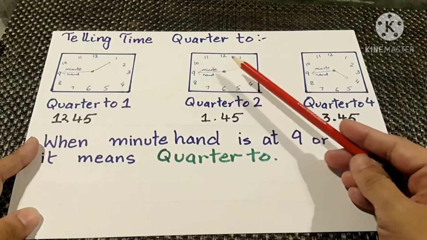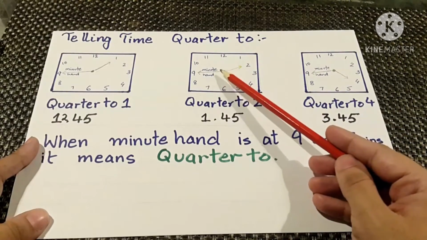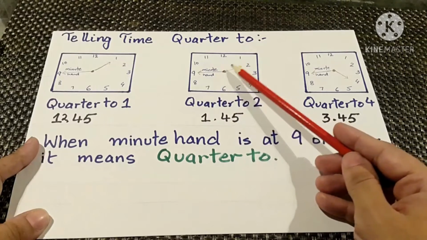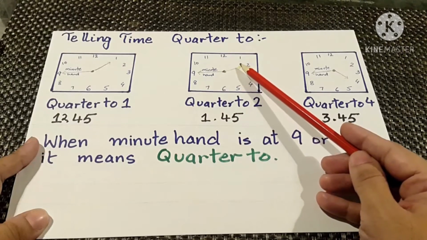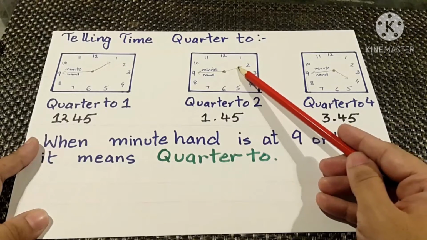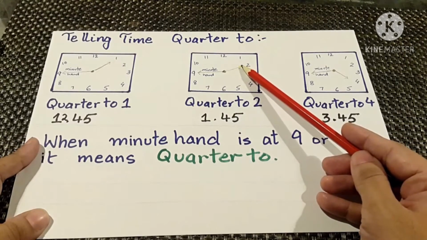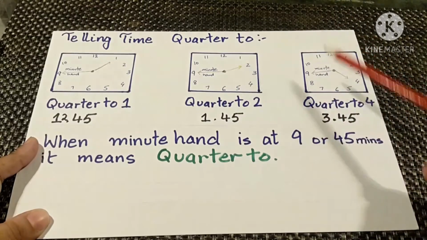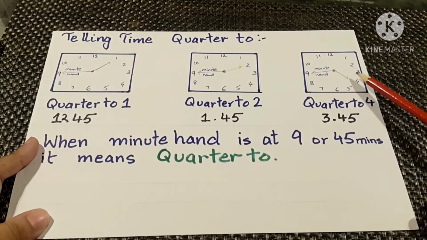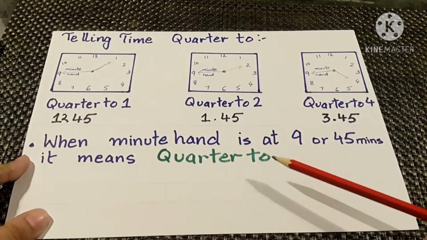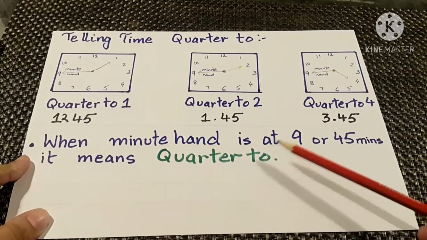Here the minute hand is pointing towards 9, whereas the hour hand is pointing towards 2, which means 1:45 or quarter to 2. Similarly over here, quarter to 4 or 3:45. When the minute hand is at 9 or 45 minutes, it means quarter to.